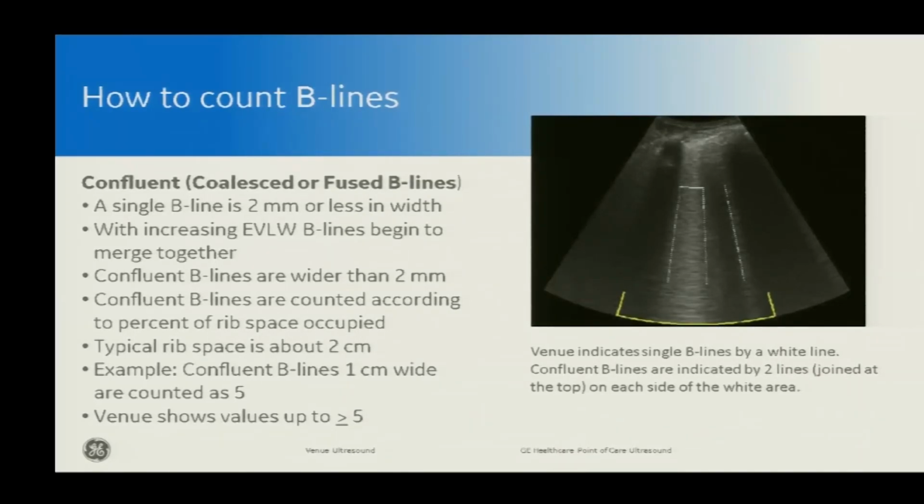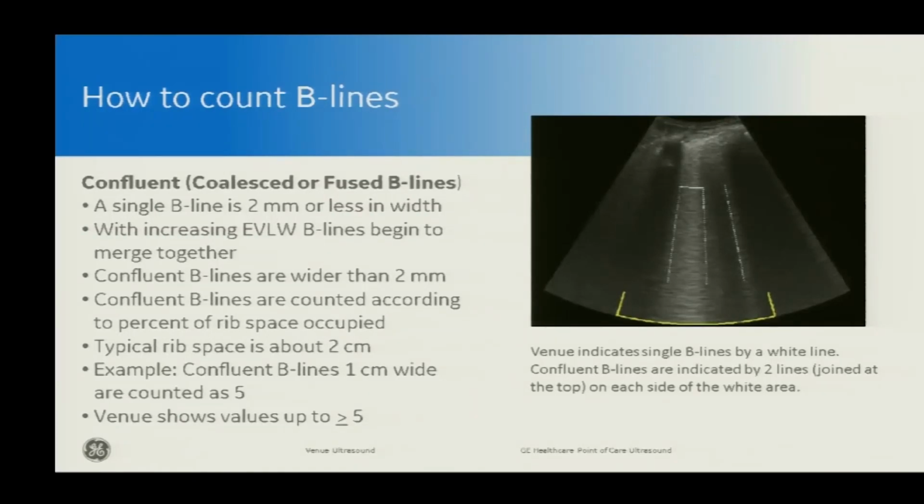You'll see several different terms used in the literature. But confluent B-lines are wider than 2 millimeters. And they're counted according to the percent of rib space they occupy. Now again, the typical rib space in an adult is about 2 centimeters.